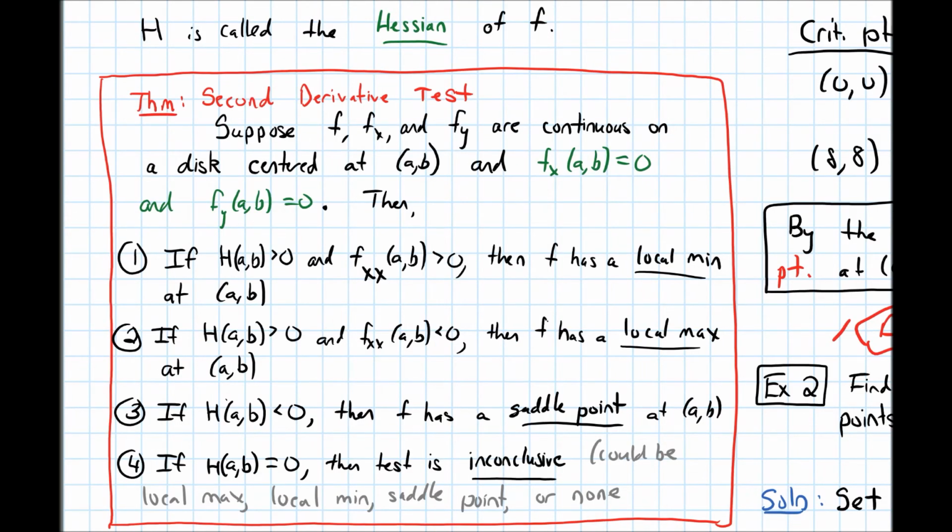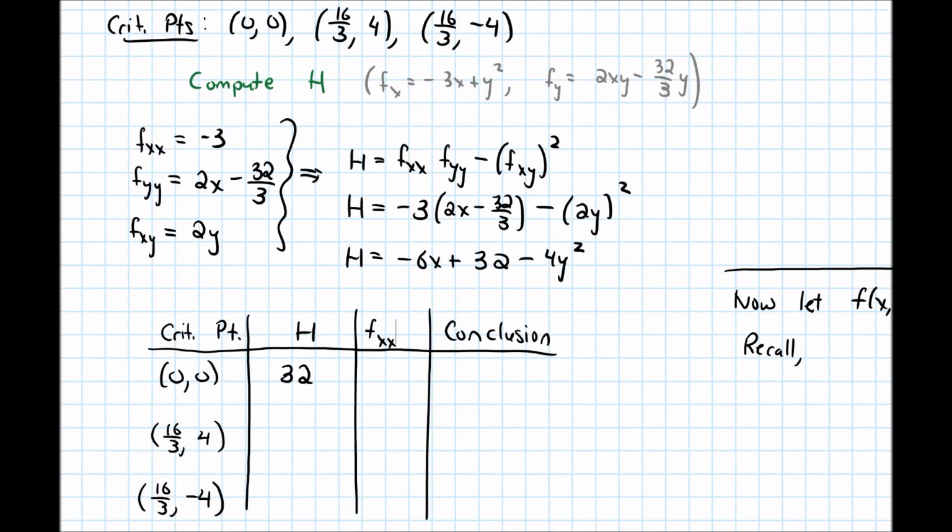So in fact, if we flip it back to our second derivative test, this is either case 1 or case 2. H is greater than 0, it's positive. So I need to know if fxx is positive or if it's negative. That's going to tell me if I have a min or a local max. All right, and then fxx is negative 3.